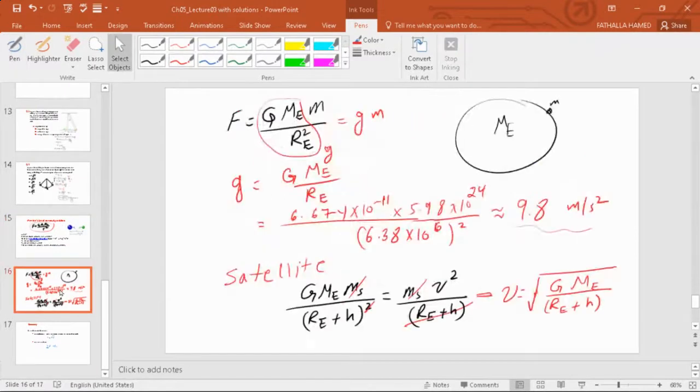For an object on the surface of the Earth, r will equal the radius of the Earth, and we calculated g, and we said g is almost equal to 9.8 meters per second squared.